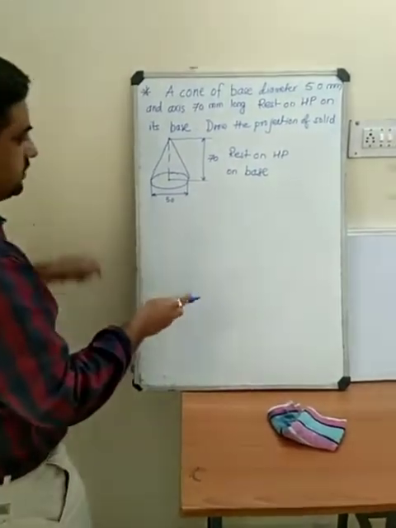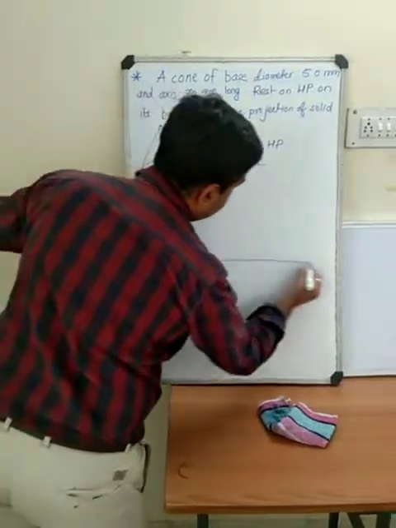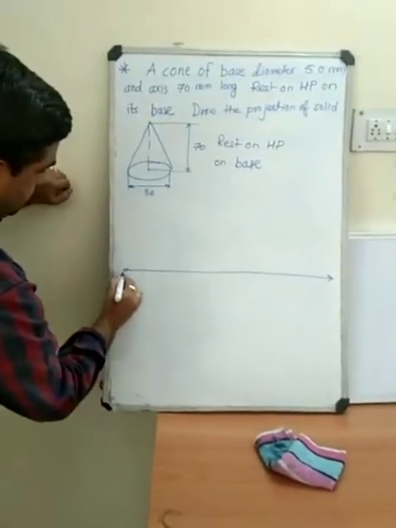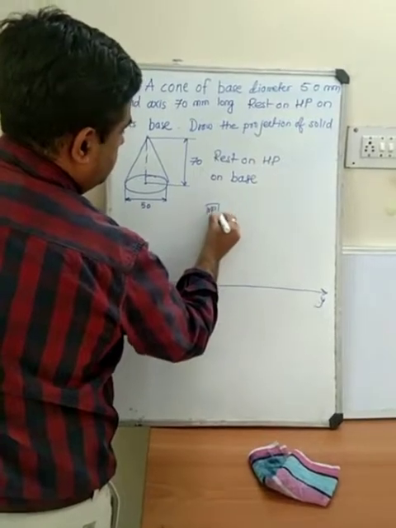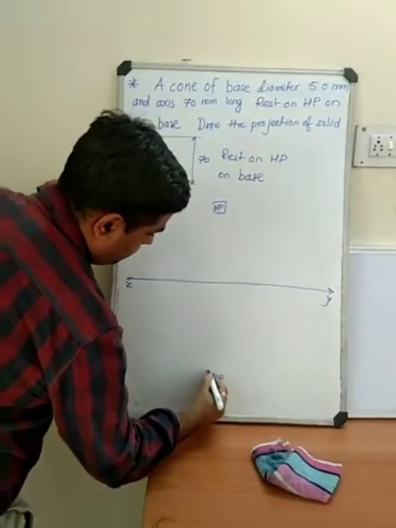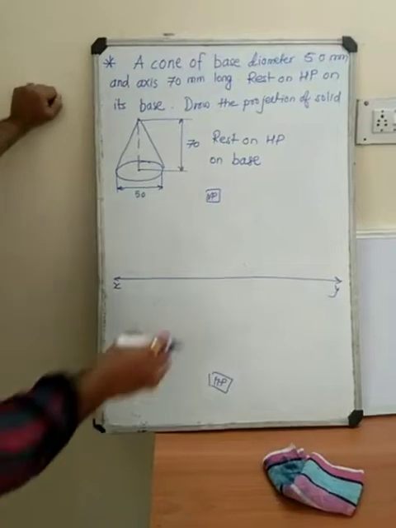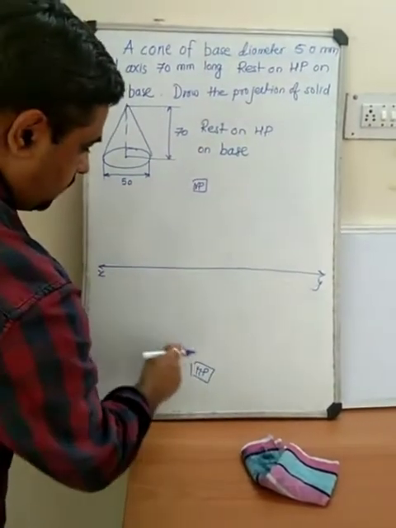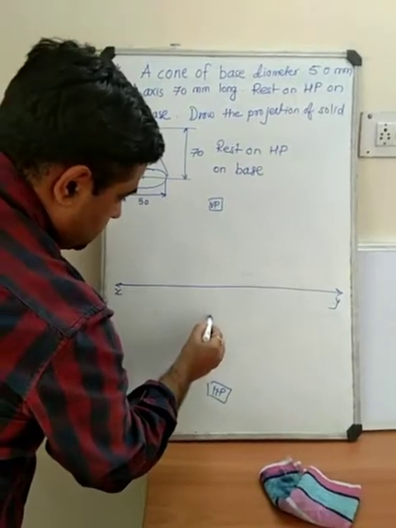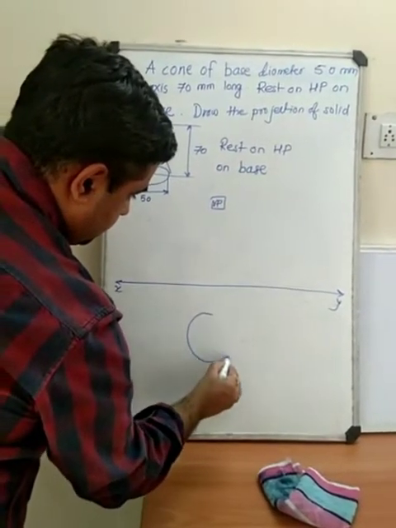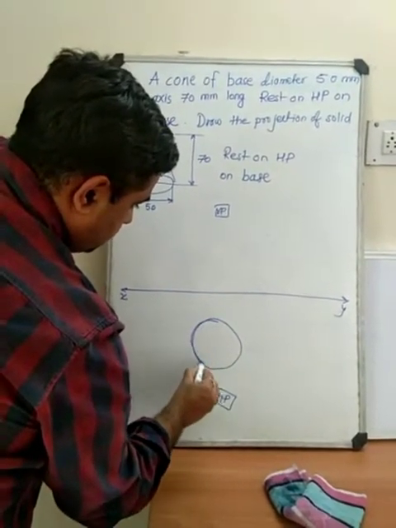That means you have to start the problem from the top view. Draw the XY line, VP and HP. The cone is resting on HP on its base, so the base is visible from the top view, and the size of that circle is 50 mm. So you have to draw the circle.